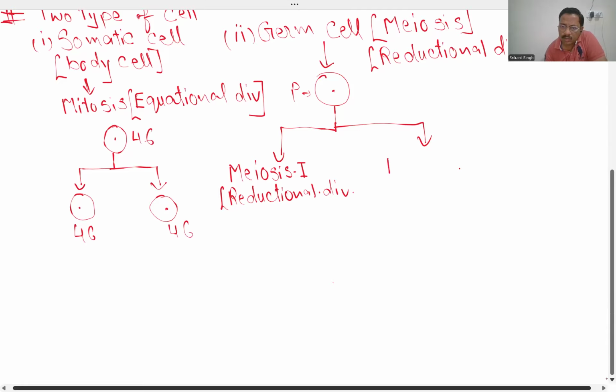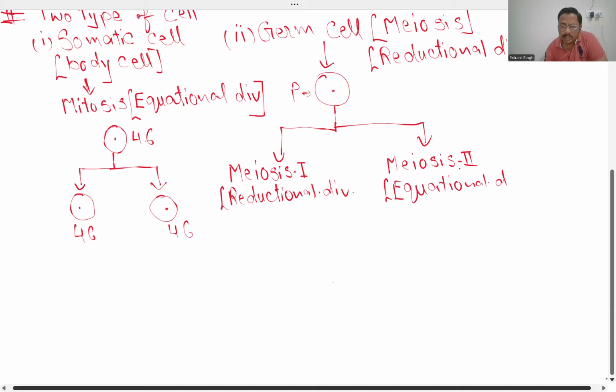But if you talk about meiosis 2, this phase is similar to the mitosis process, so it is the equational division.